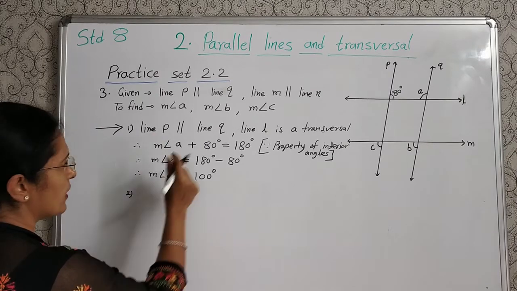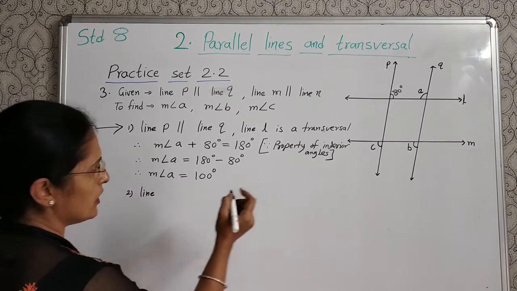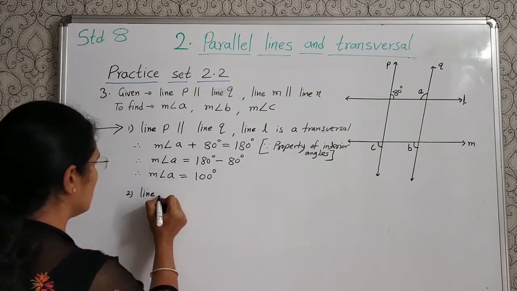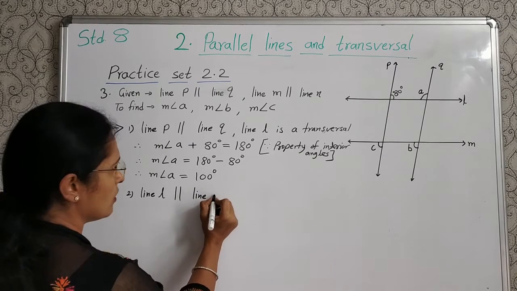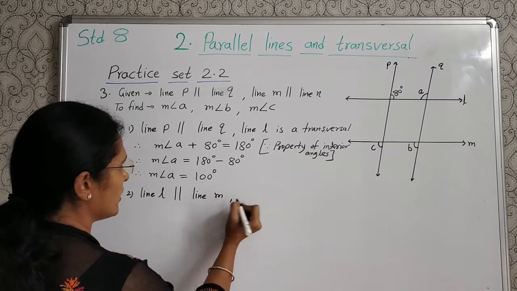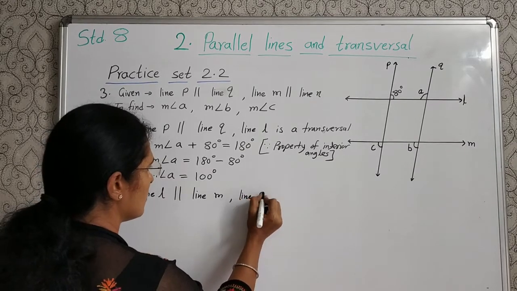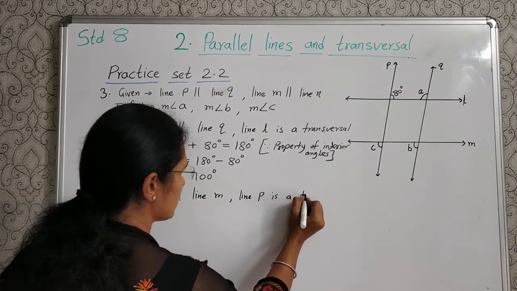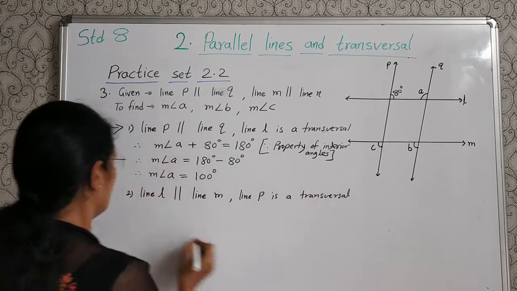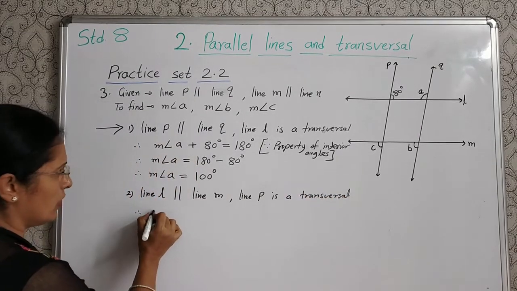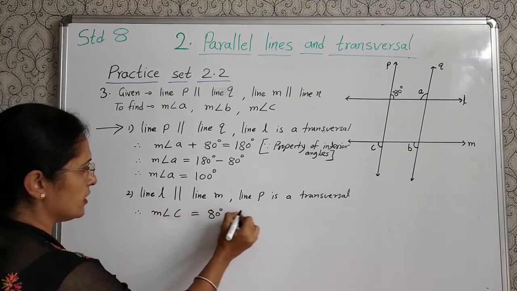Now second part for measure angle C. Line L parallel to line M, and here the transversal is P. Line P is a transversal. Now measure angle C is equal to 80 degree.